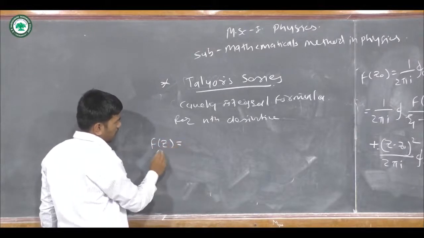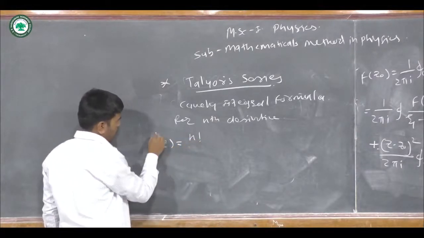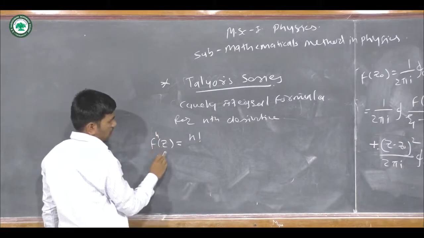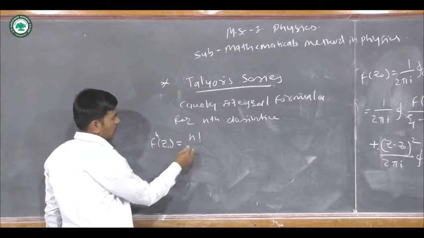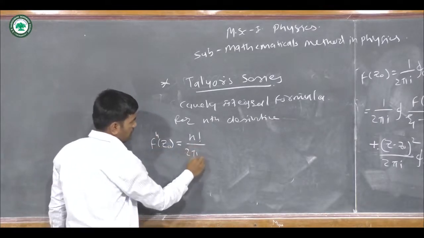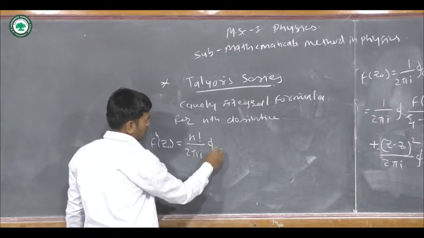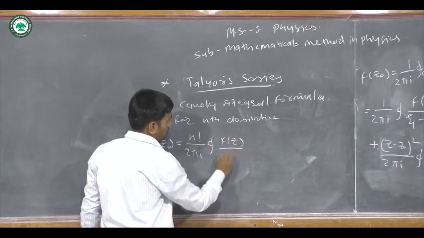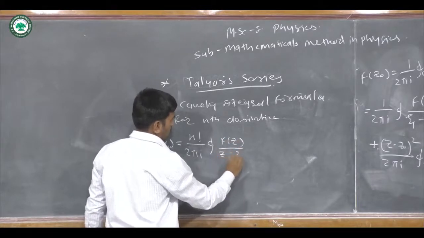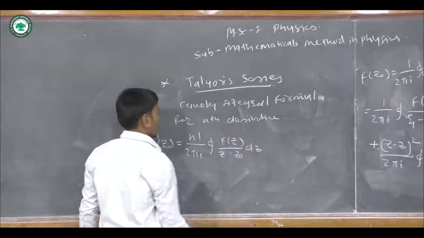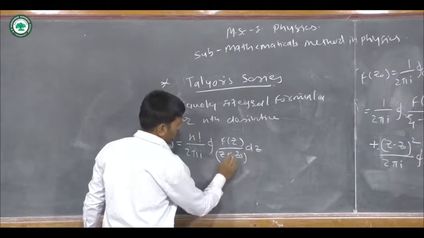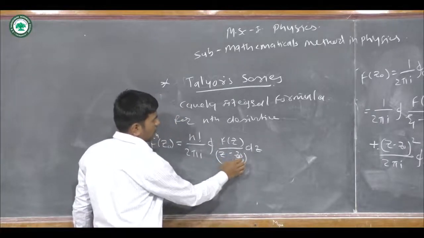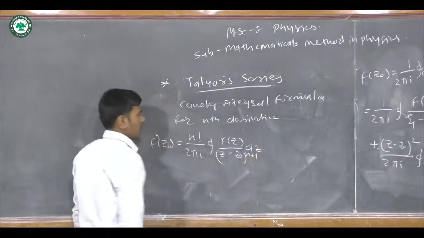So f of power n z naught is equal to n factorial by 2 pi iota, the closed integral over C f of z divided by z minus z naught power n plus 1 dz. Okay, this is the formula.